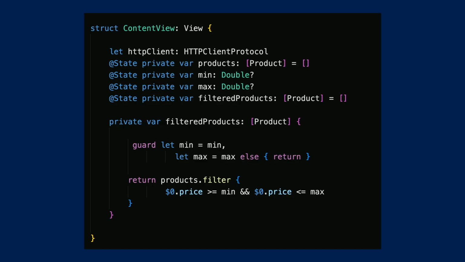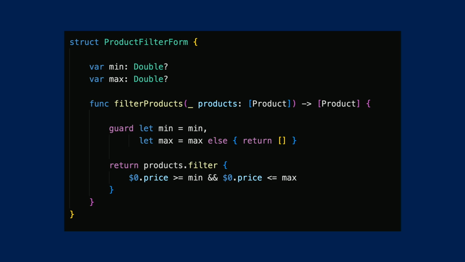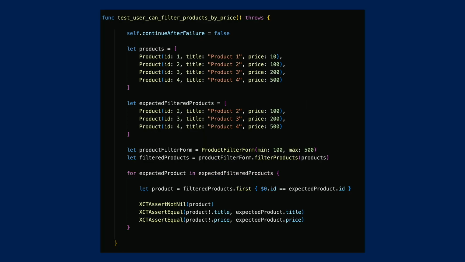Same thing over here. In the view, I have filteredProducts. Now, you can move filteredProducts into the observable object. That's perfectly fine. But if you're using the container presenter pattern, and if you want to, how do you test filteredProducts? Well, you can write a UI test for it, or you can extract it out into a product filter form and then write tests for it. One thing to note over here is that if you're using MVVM or any kind of a model, just because you're testing the model, it does not test your user interface.